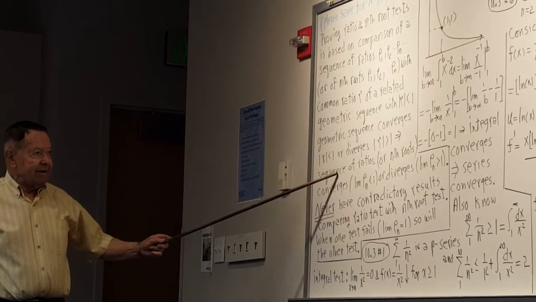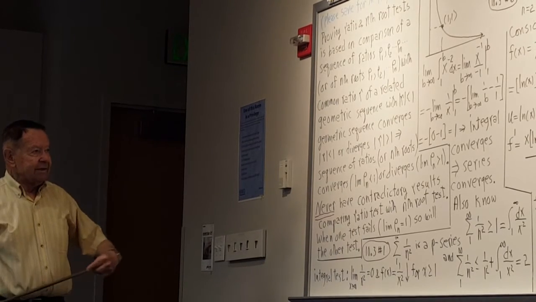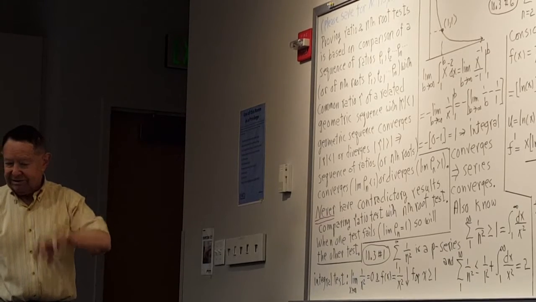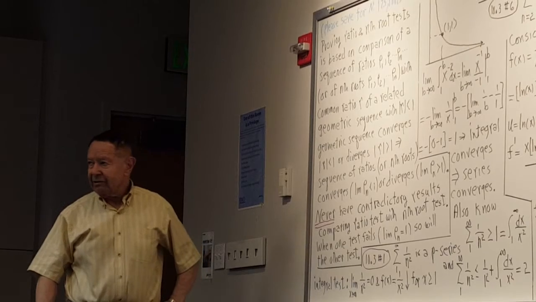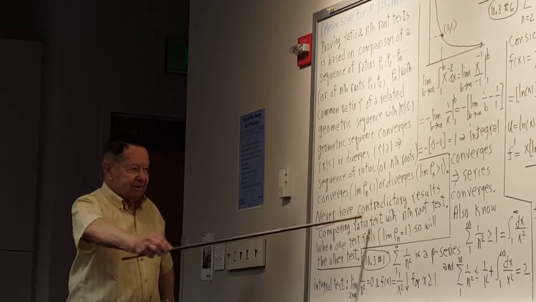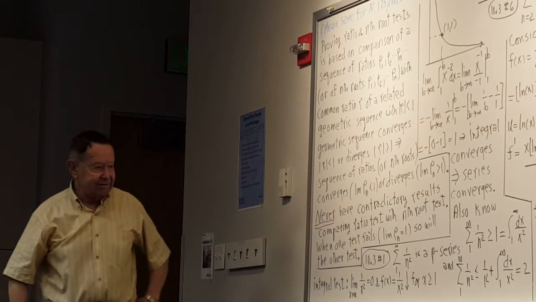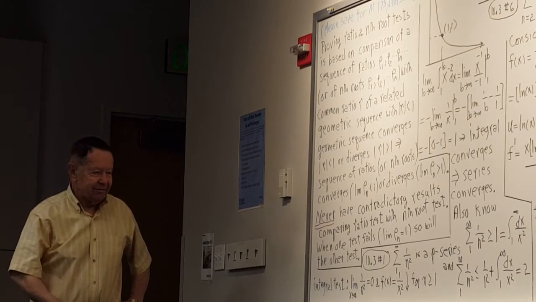So the sequence of ratios or of nth roots converges or diverges the same way because it's the same proof. So they either both work or they both fail. You never have contradictory results comparing ratio and nth root tests. When one fails, so will the other.